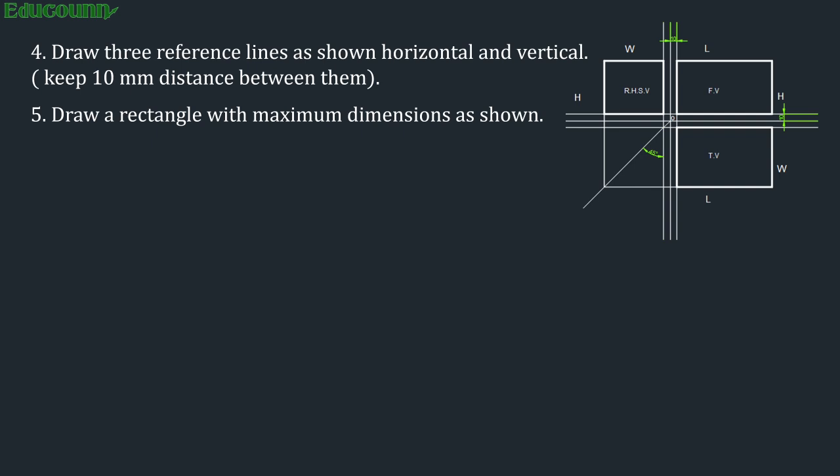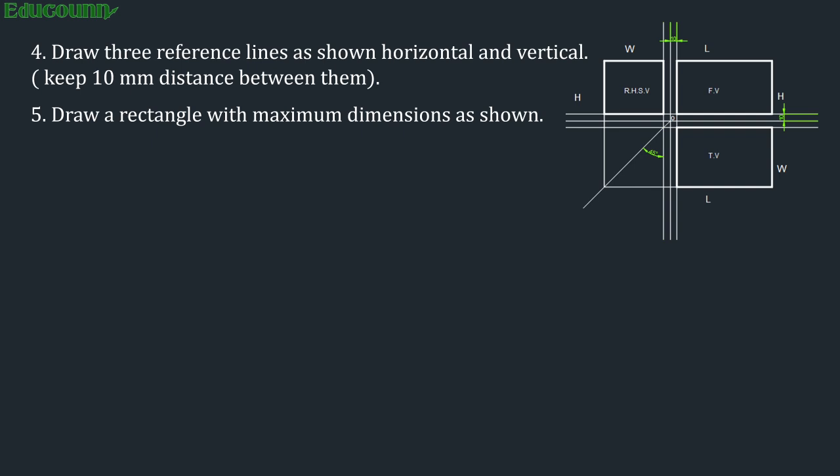It is shown that RHS view is left to the front view in the figure. Top view is exactly below front view, and below RHS view there will lie a 45-degree line as shown in the figure. So now draw the rectangles in each view considering their dimensions.